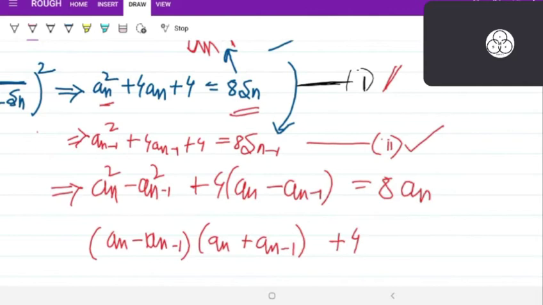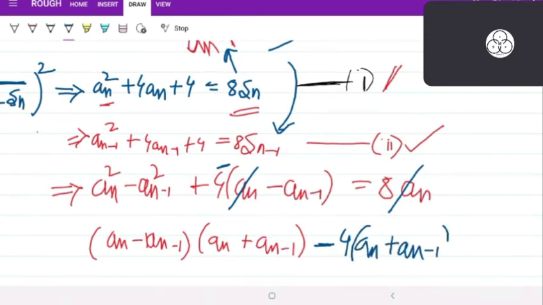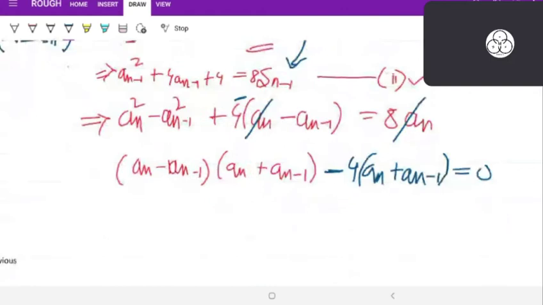Yes, yes. If I'm not wrong, this should be the calculation part. Yeah, absolutely correct.